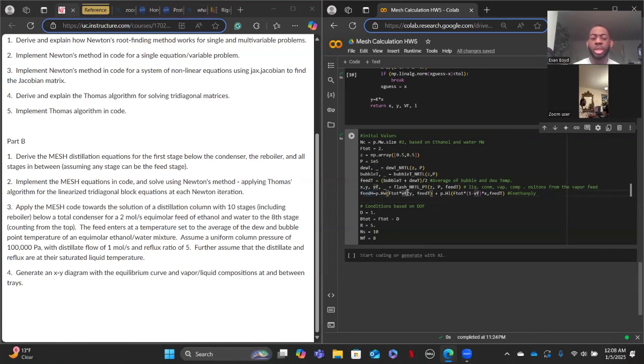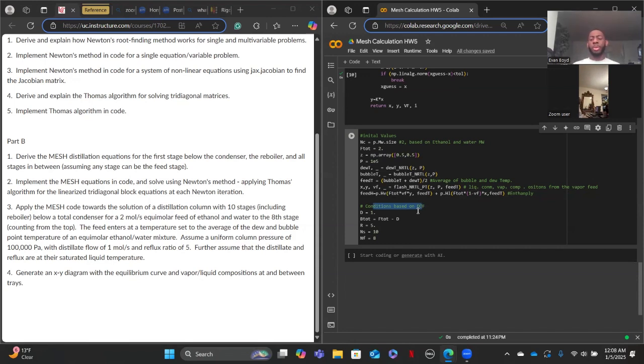Like I said earlier when referencing the MESH calculation, the H stands for enthalpy, so heat. So we also have to calculate enthalpy for our MESH calculation. And then our initial conditions are based on our DOF. If you remember, we did our DOF calculations in, I think, homework 3 or 4.